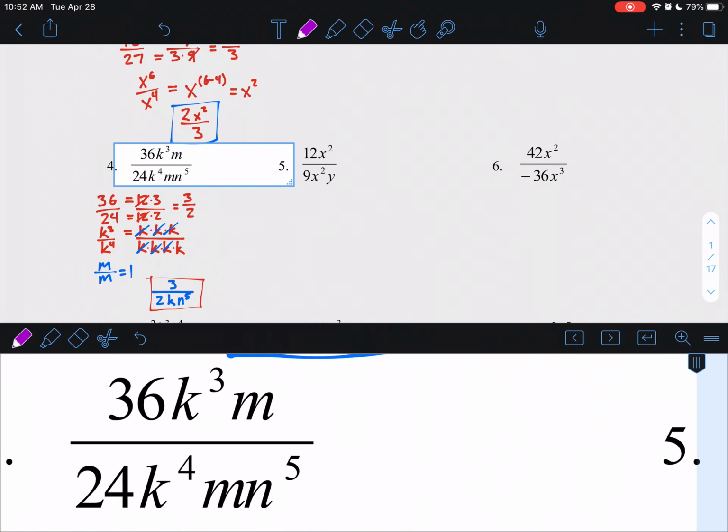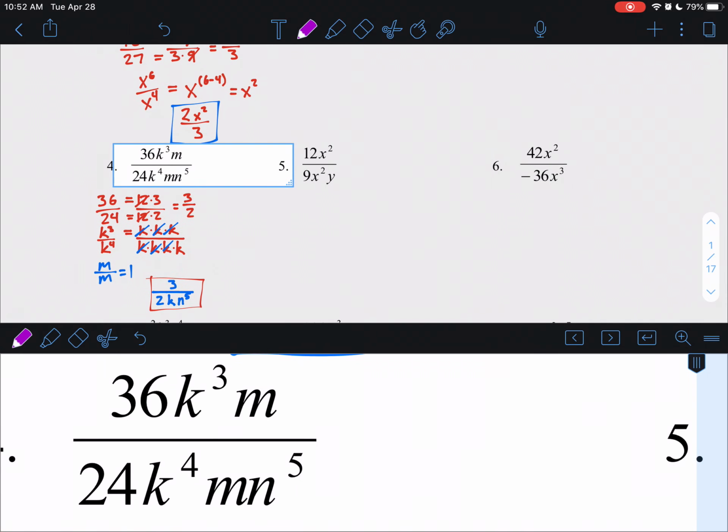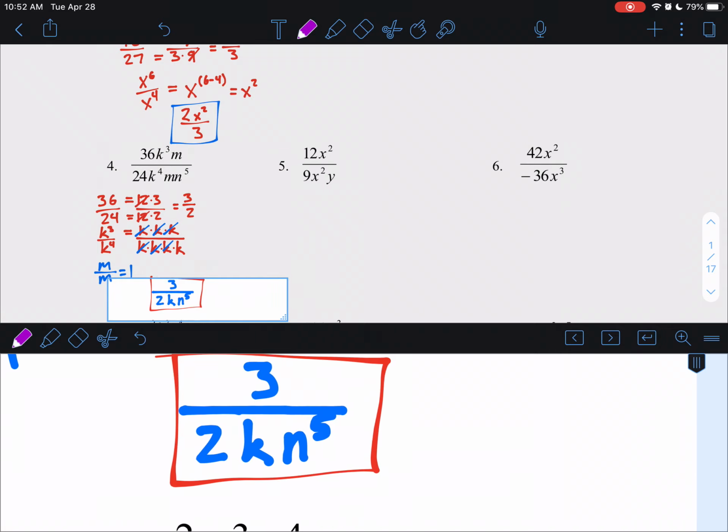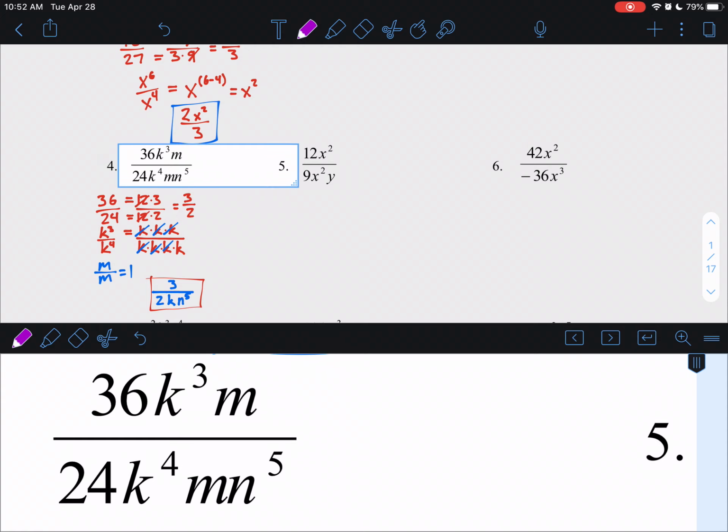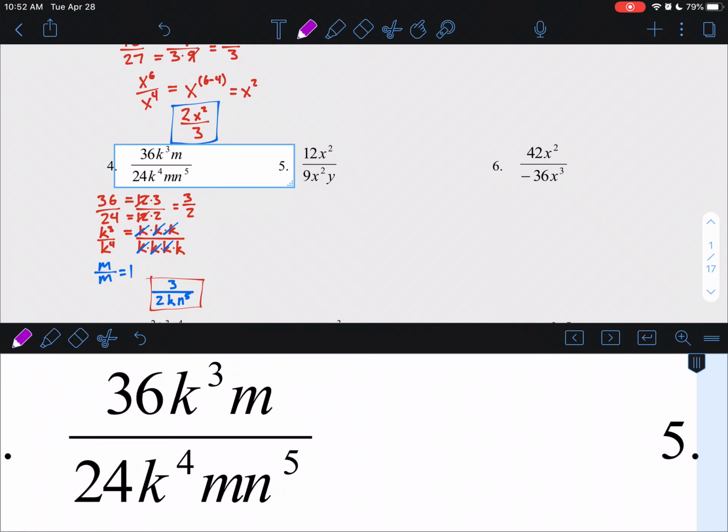And same thing here, I had k to the third over k to the fourth. 3 minus 4 is negative 1, which means I was left with k to the first, and since it was negative, it was in the denominator. The m over the m cancel out.